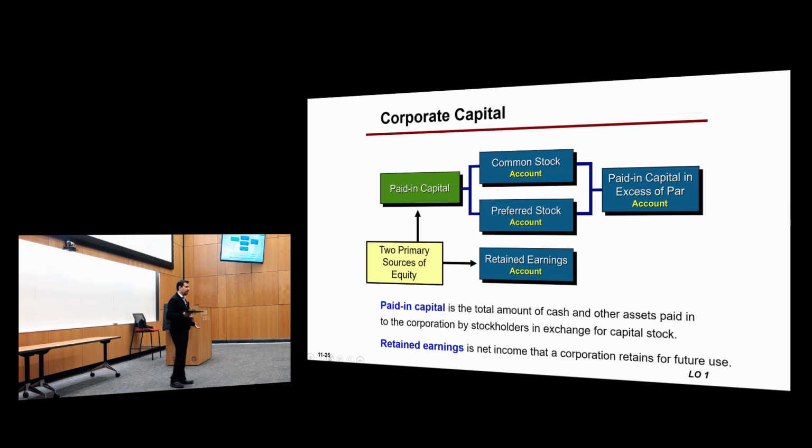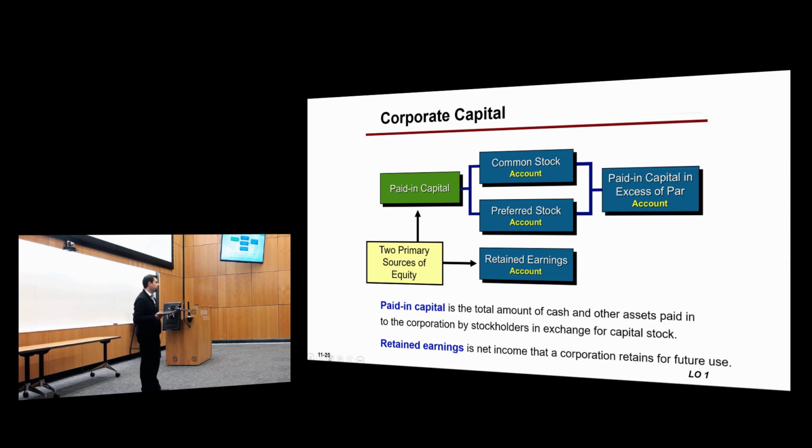The main difference between preferred stock and common stock is that preferred stockholders are preferred when dividends are declared and paid. So they have claim over dividends and over the assets before common stock.